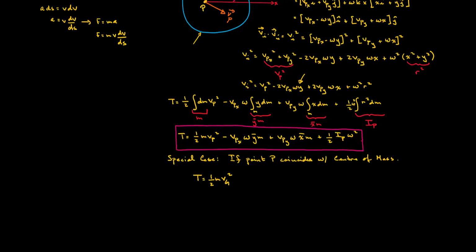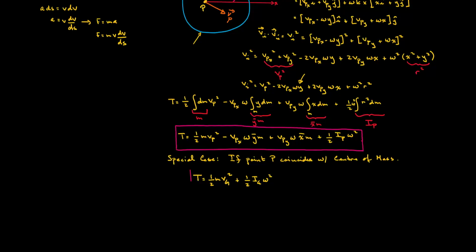So the second and third terms would both disappear. And then finally, the last term would be equal to 1/2 Ig omega squared. So instead of the mass moment of inertia about point P, it would be the mass moment of inertia about the center of mass, G.